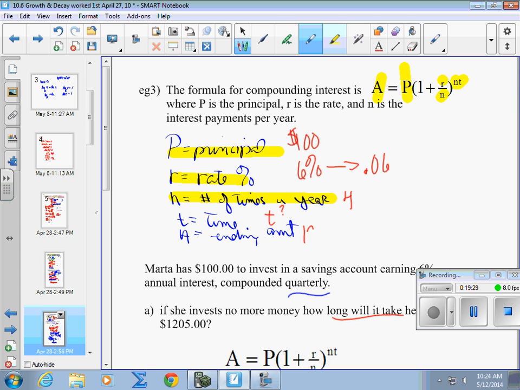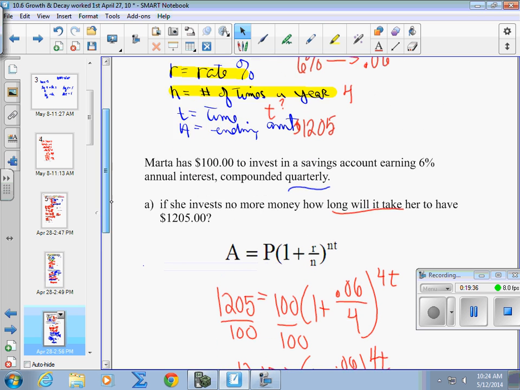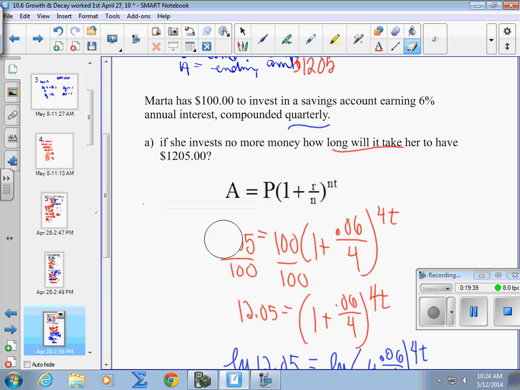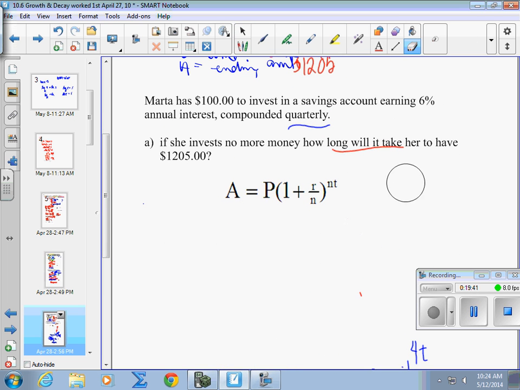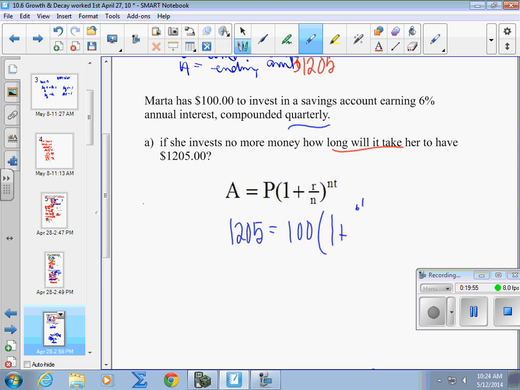The ending amount is $1,205. So we want to take all that information and plug it in our formula. So we have $1,205, the ending amount, $100 for the principal. The rate, decimal 0.06. The number of times a year is 4. And we have 4 times the time.